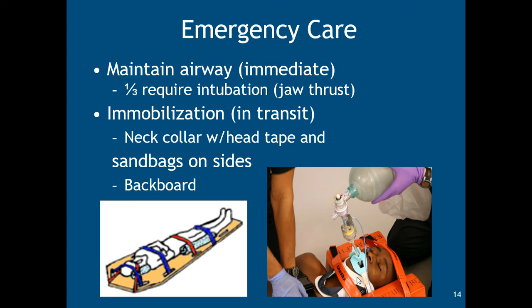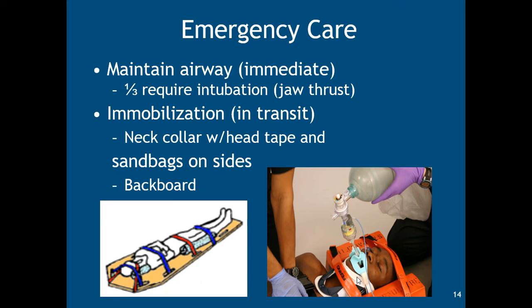Continuing on with emergency care, of course we want to maintain the airway. That's one of the priorities that we need to worry about. It's sort of an immediate thing that we will take care of. Most patients en route to the ED that come via an ambulance or EMS are immobilized with a neck collar, head tape, and backboard. They might even have sandbags or blankets on the sides of the patient to prevent them from rolling.